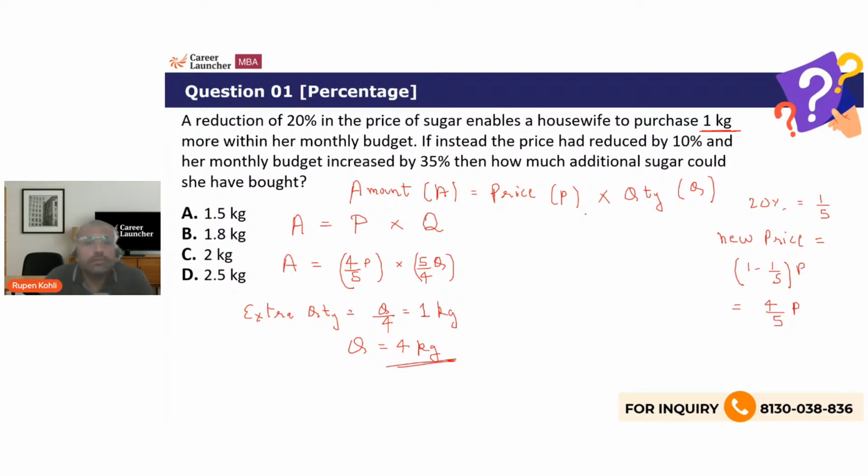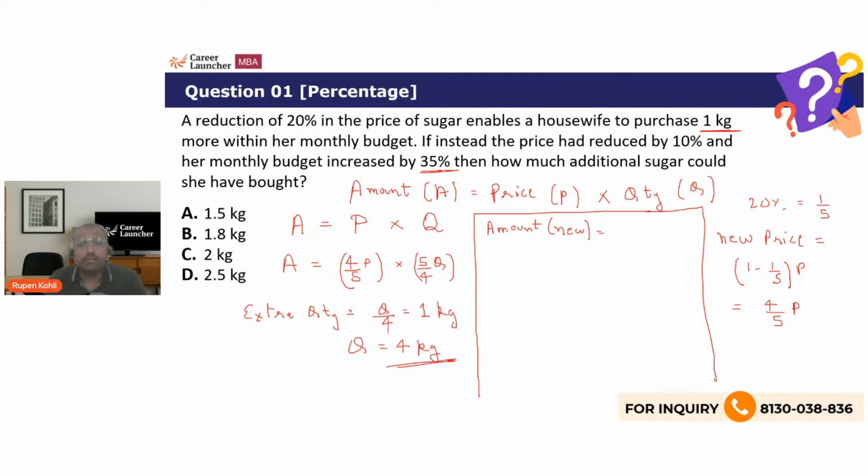Now the question says, if instead the price had reduced by 10% and her monthly budget increased by 35%, now the things are changing altogether. Amount is also changing and price is also changing. So the new amount that she can spend is 35% more.